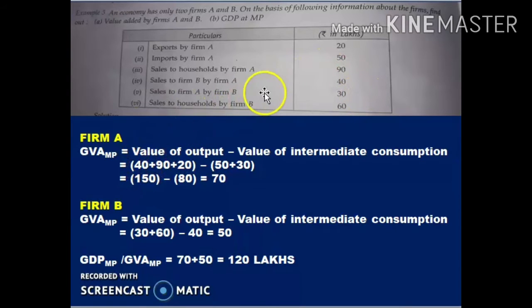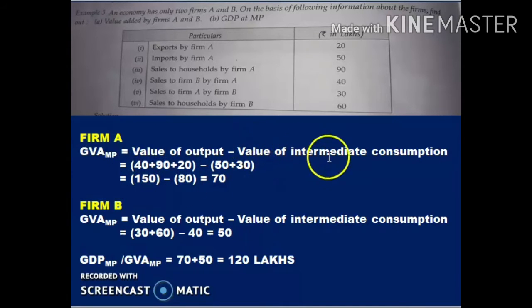Next, exports by firm A, that's 20. Exports also come under value of output. So you can add these and you get 150.